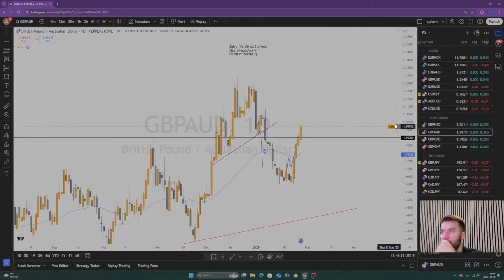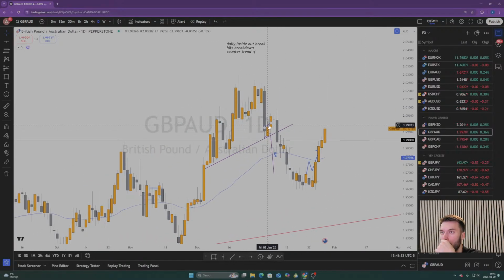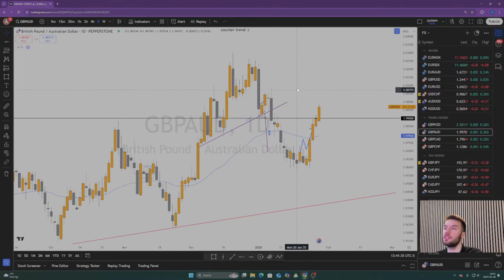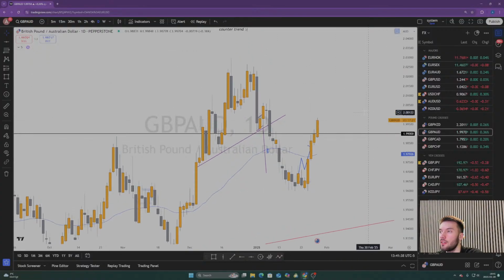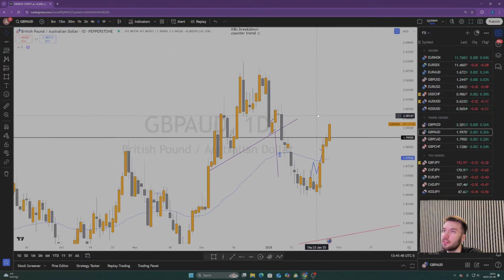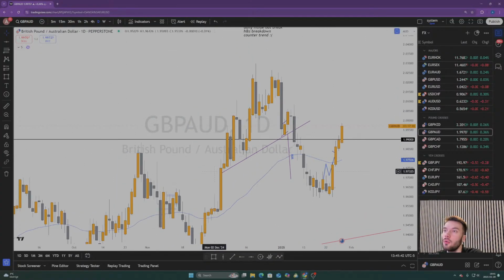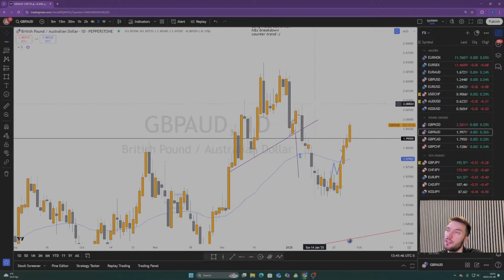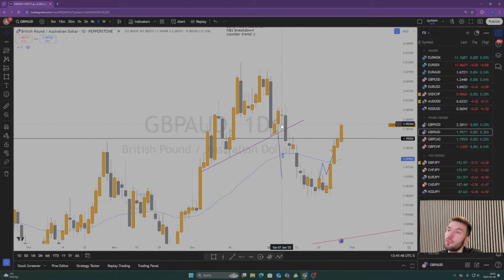Yeah. Watch this. I mean, this was a good setup. It was counter trend, so I did not take it. But look at this. It's such a textbook setup. We hold support, this is the support line. We start chopping, we make an inside candle here. I'm gonna remove my drawings.